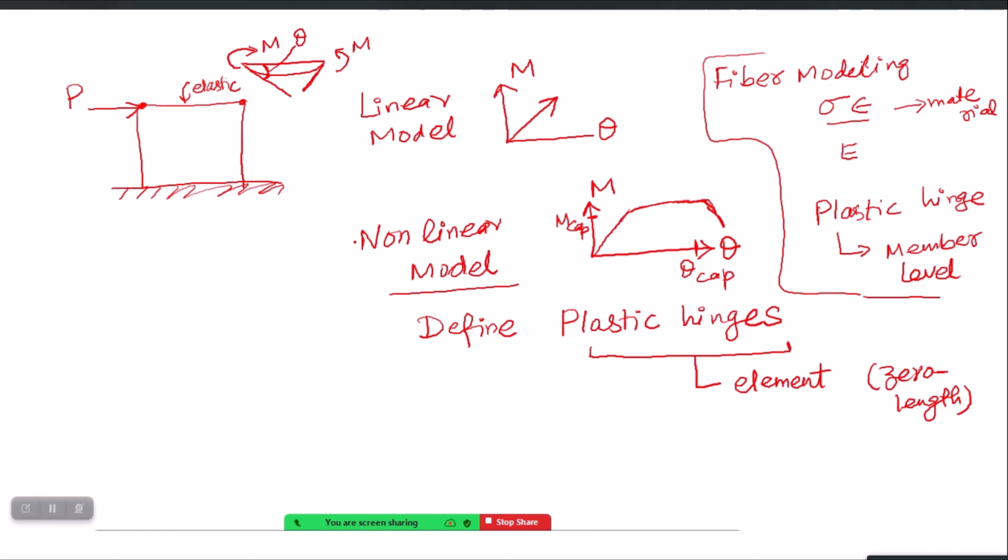So currently we know that plastic hinges are zero length elements, or some points along the length of your element which you can define or provide, and those points have just one basic input and all other inputs are associated with that, and that basic input is the nonlinear moment versus rotation behavior.